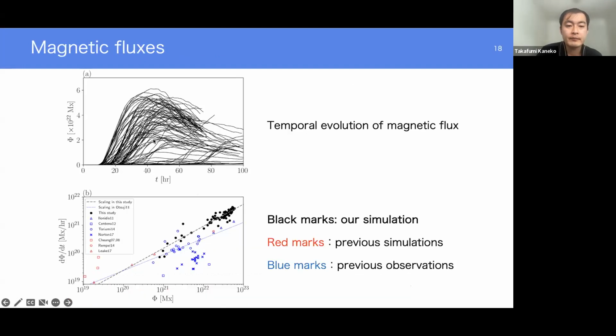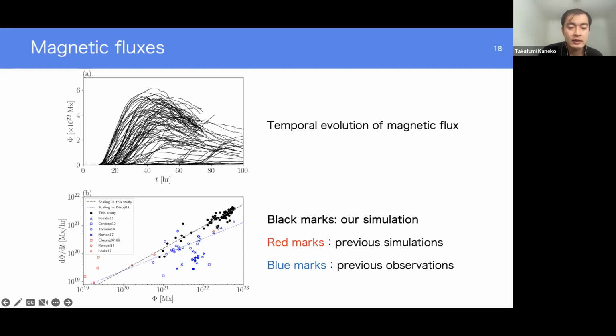And this is a temporal evolution of the magnetic flux of all cases, and also the magnetic flux versus the magnetic flux emergence rate. Compared with the previous observation, our simulation basically reproduces the cases of large magnetic flux.